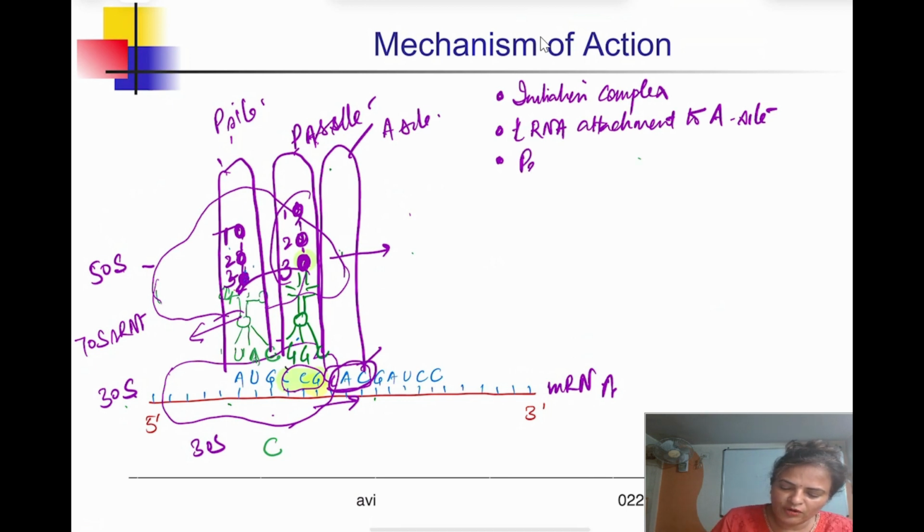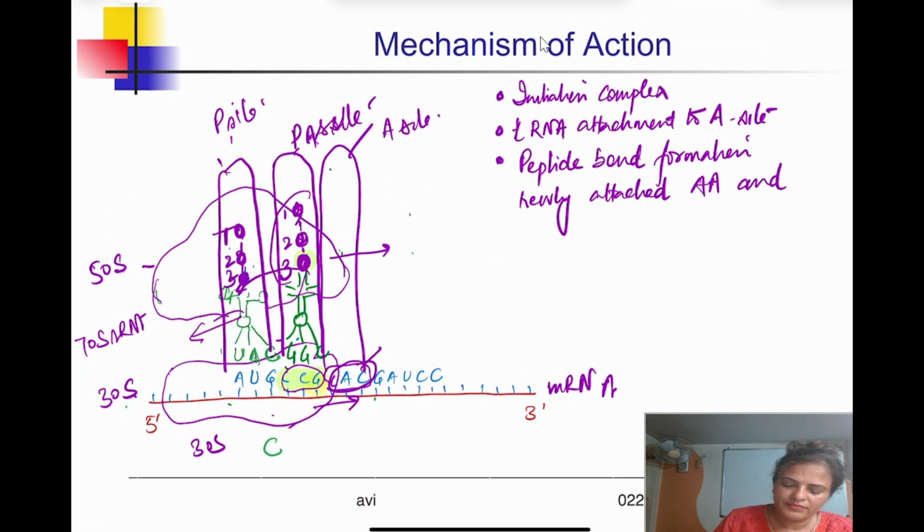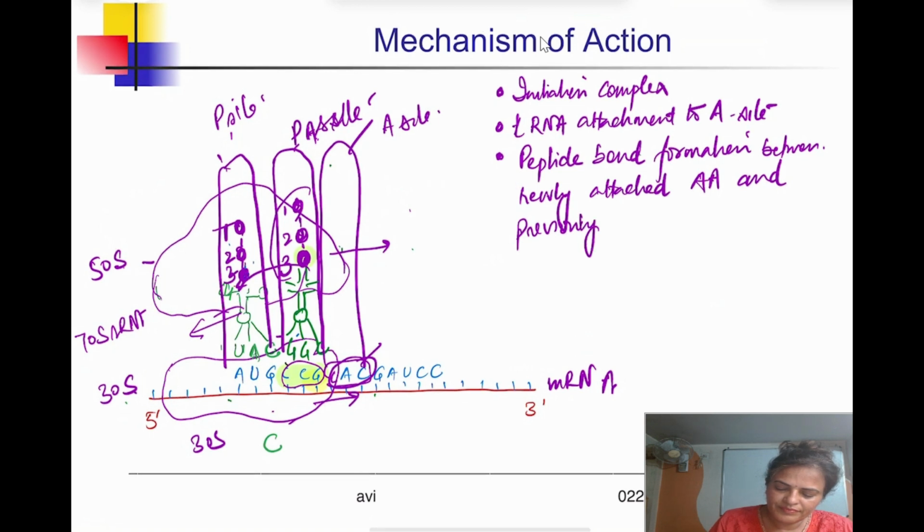Then the third one is peptide bond formation between the newly attached amino acid, जैसे यहाँ पे ये third लगा, and the previous polypeptide chain.